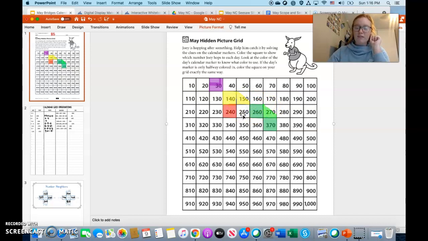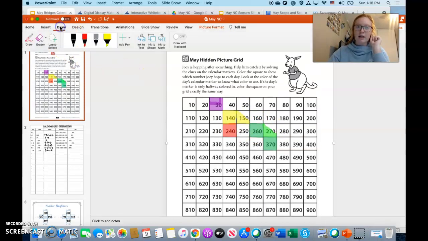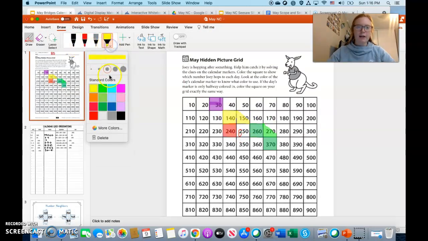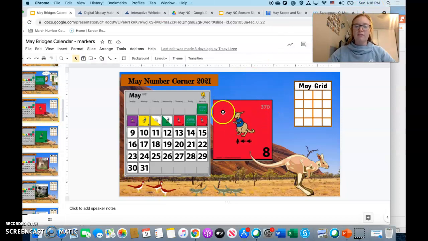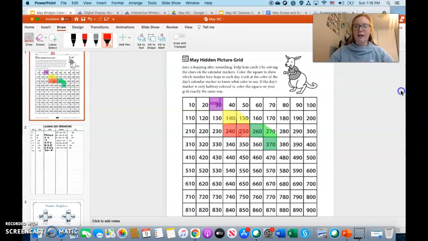My 250 square, I'm going to be coloring in red. I'm going to use my highlighter and get red, and I'm going to highlight in 250. When we looked at our calendar square, you could tell that it was a full red one, which means we're going to fully cover it.